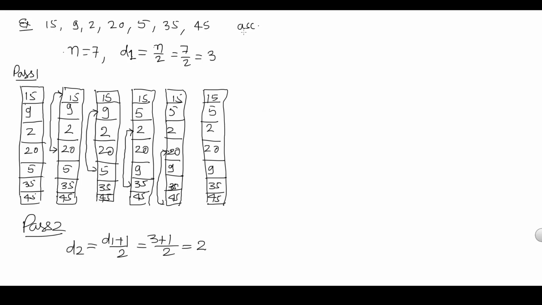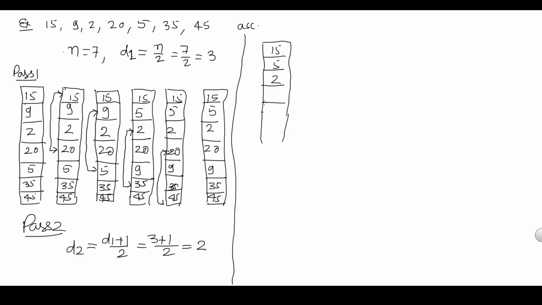So we can draw this diagram here. So first value is 15, then 5, then 2, 20, 9, 35 and 45.